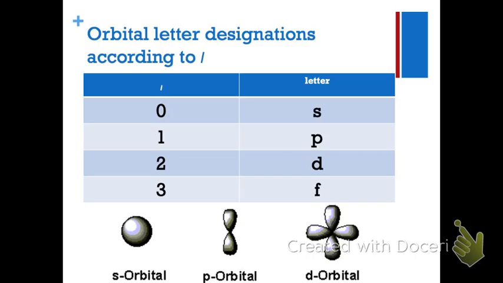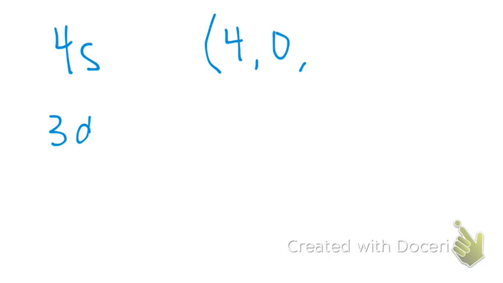Okay, what if I had a 4s orbital? How would I start the quantum number? 4, then 0, right? And then I'd have something else. What if I had a 3d orbital? How would I start the quantum number? 3, then 2. Very good.